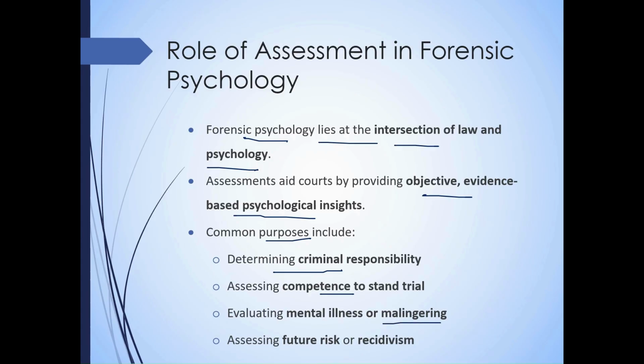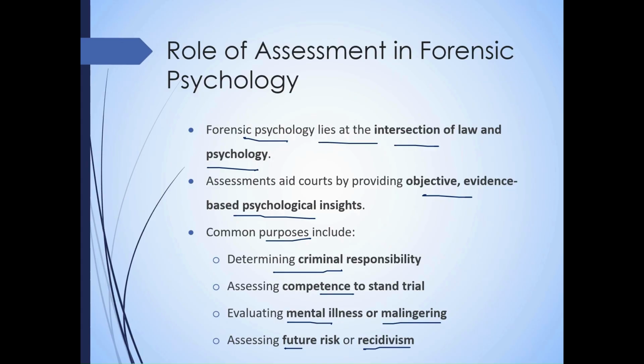He is not ill but acting like he is mentally ill. That is malingering. So the assessment in forensic psychology is also going to help in evaluating whether the person is actually mentally ill or they are just acting as if they are mentally ill. It is also going to help in predicting the future risk of violence or reoffending, which is also called recidivism. Alright.